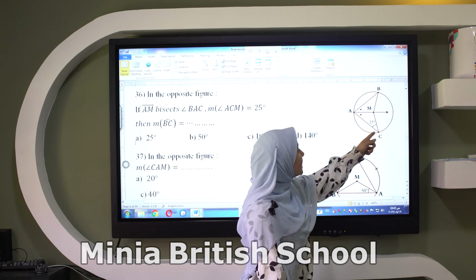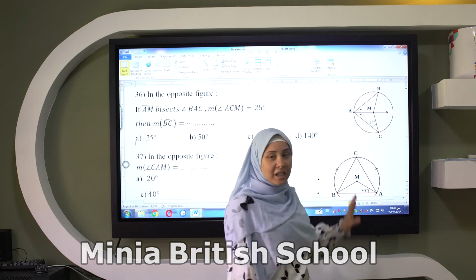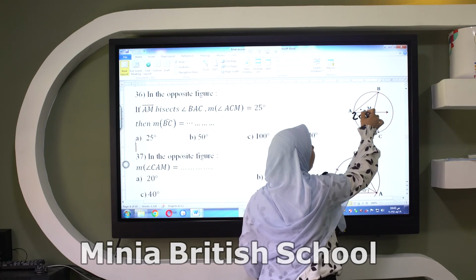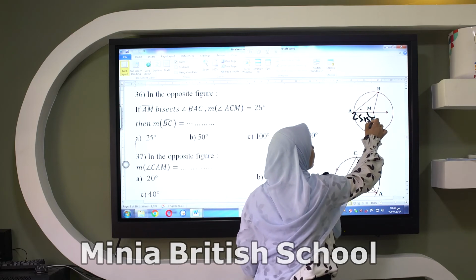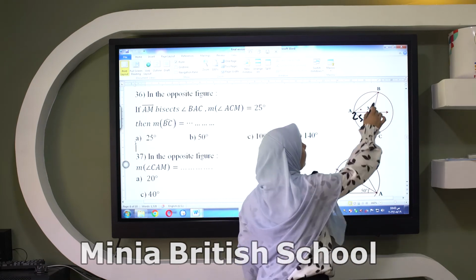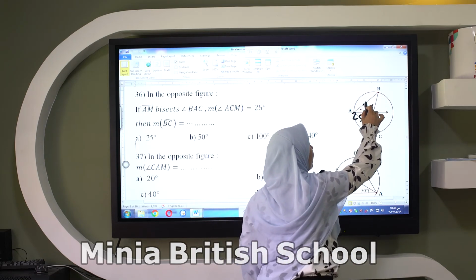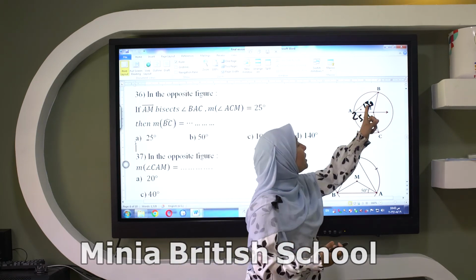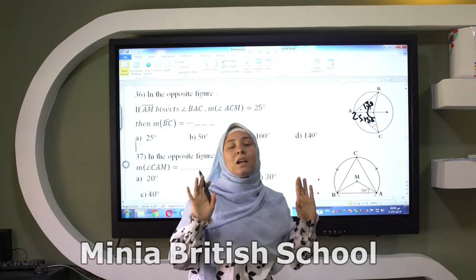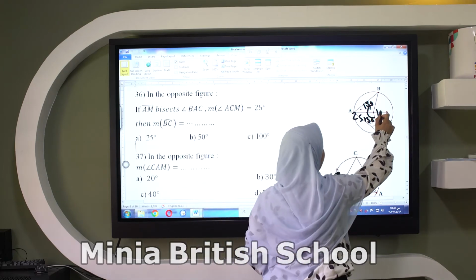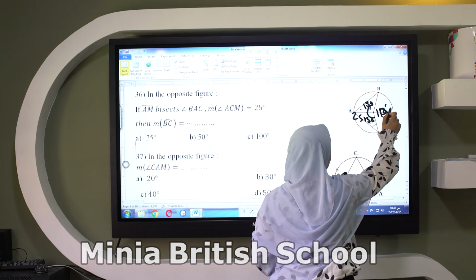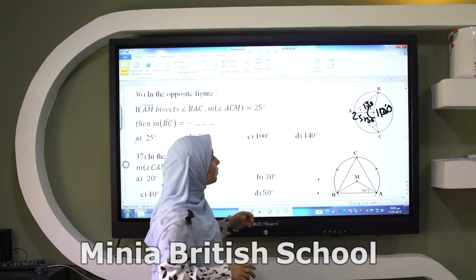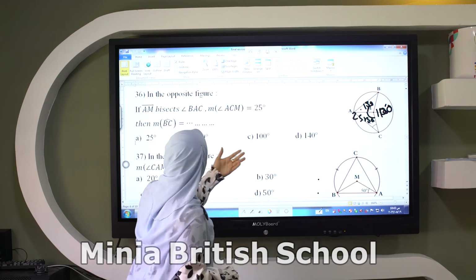Then the measure of angle C equals the measure of angle MAC, 25 also. Then the measure of angle CMA equals 130. Also, the measure of angle PMA equals 130. Then the measure of angle PMC equals 100, because the three angles here are accumulated angles at one point. So the measure of arc PC equals 100.